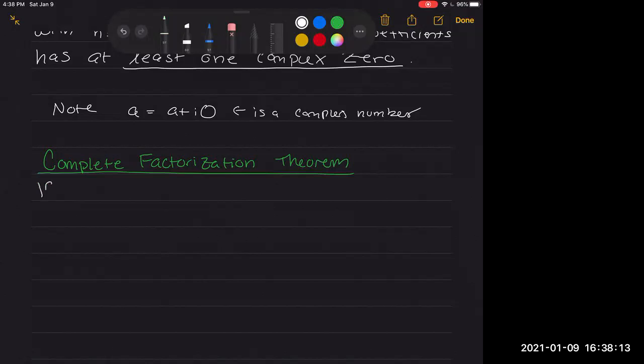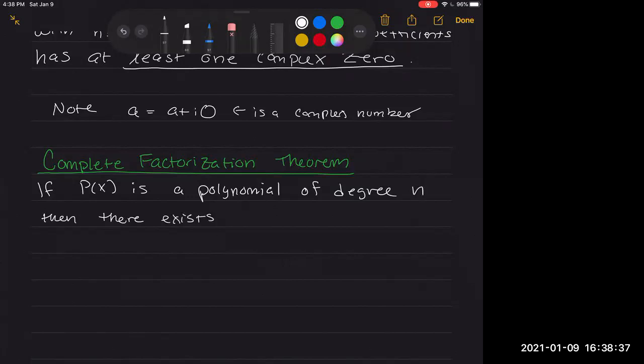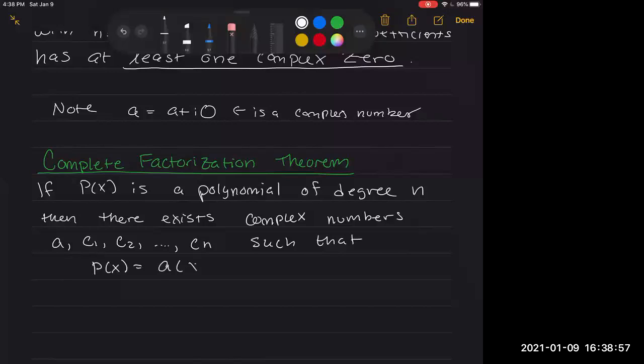Here we have, if p of x is a polynomial of degree n, then there exist complex numbers a, c1, c2, all the way to cn, such that p of x equals a times (x minus c1)(x minus c2) all the way to (x minus cn), with a not 0.